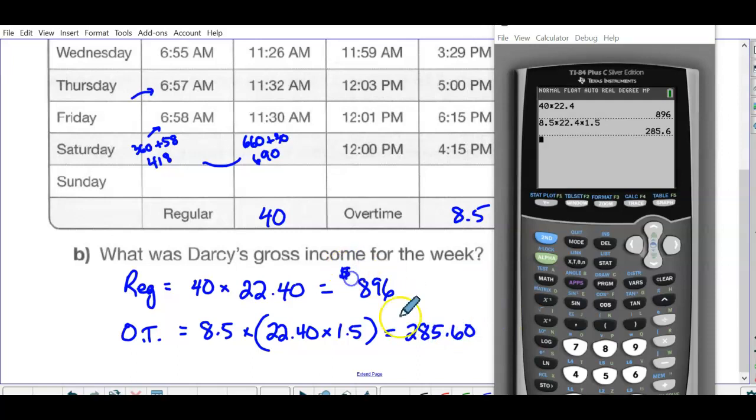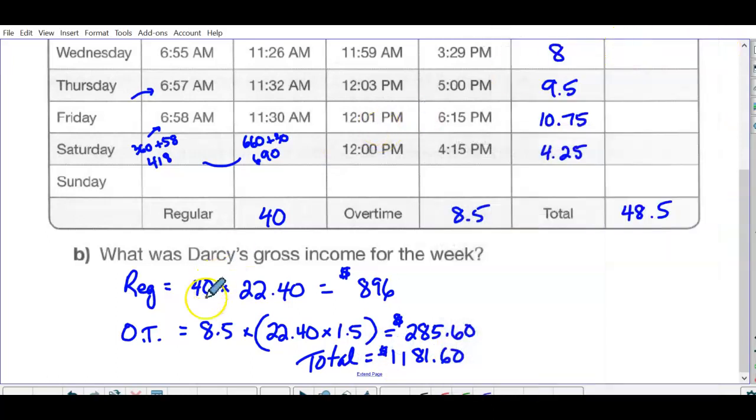It's money, so go to 2 decimal places and then add them together. So I can just press add. It'll take that previous answer. And then in my calculator, I can go up and copy that out, or you can just enter it. So total is $1,181.60. Okay, that's the end of 1.4.